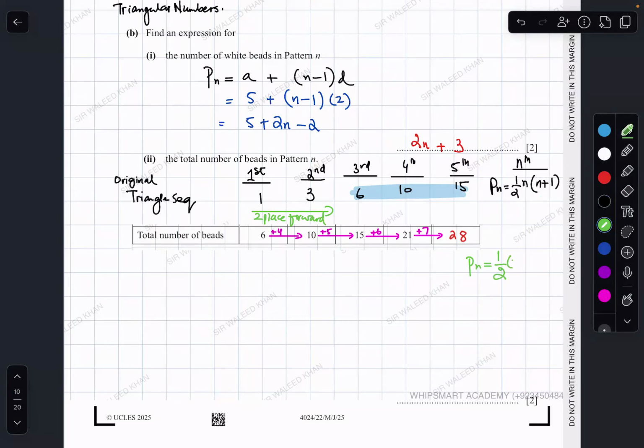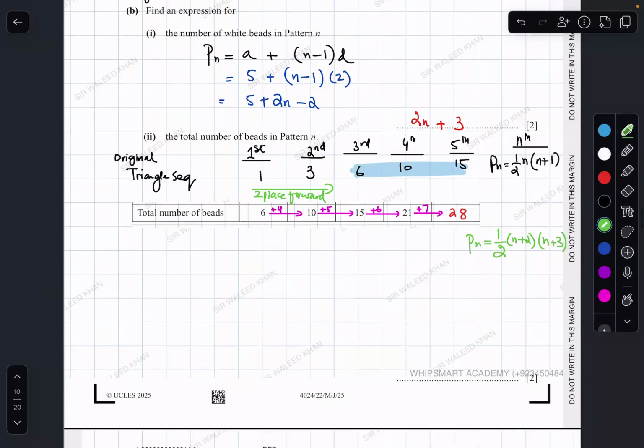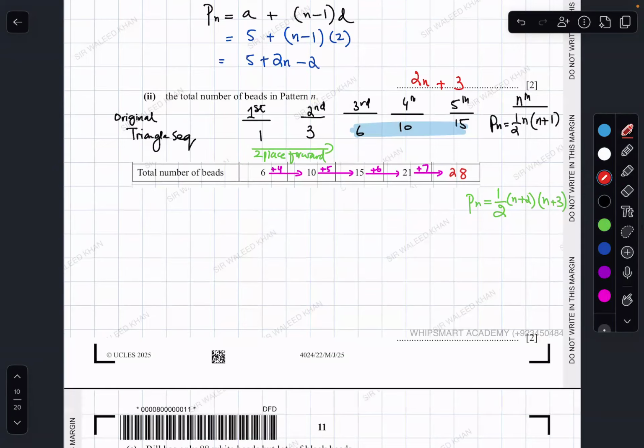There was just n, so n plus 2. And in the next one, n plus 1 plus 2, n plus 3. That's your answer. 1 by 2, n plus 2, n plus 3.